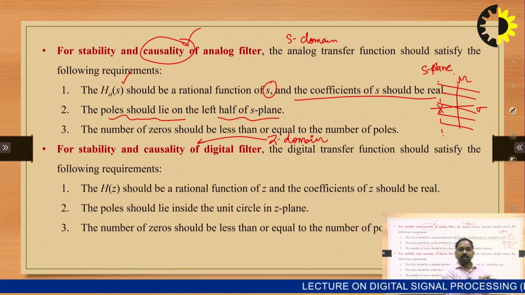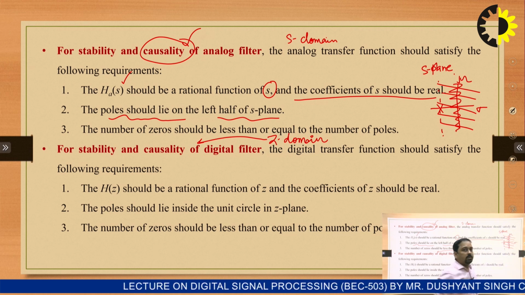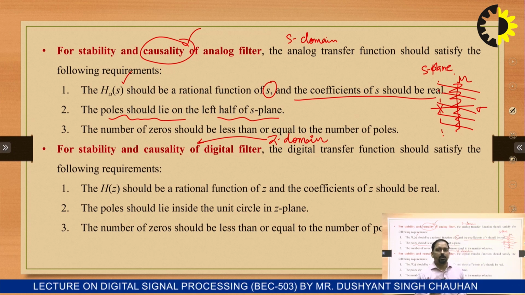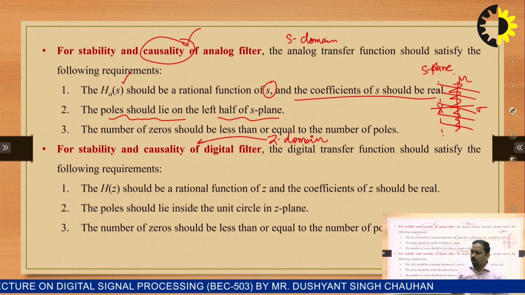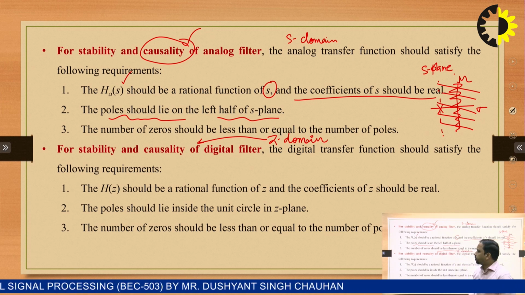Causal means right-sided, so the ROC will be to the right of the rightmost pole. So definitely this ROC contains the j omega axis, and once it is contained, we can say that the system is stable. This much we are already aware of from signals and systems.